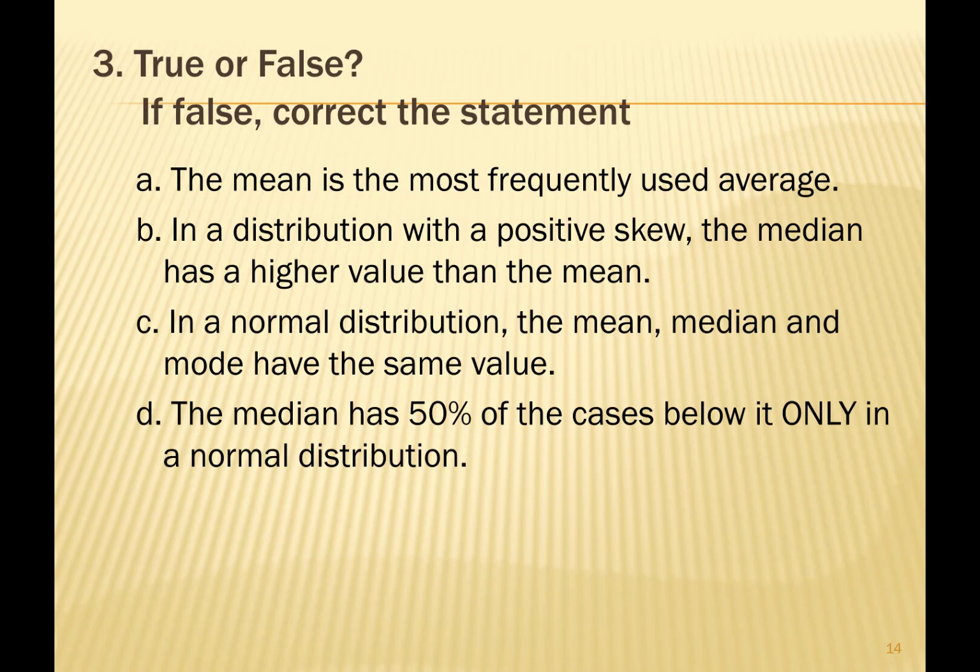True or false? And if false, correct the statement. In a normal distribution, the mean, the median, and the mode have the same value. True or false? And lastly, the median has 50% of the cases below it only in a normal distribution. True or false? And if false, make that into a correct statement.